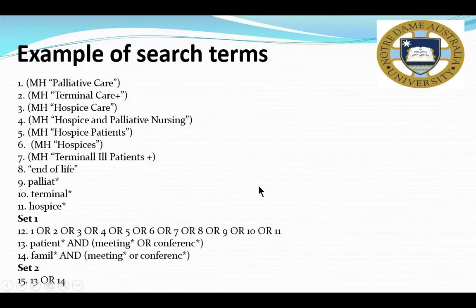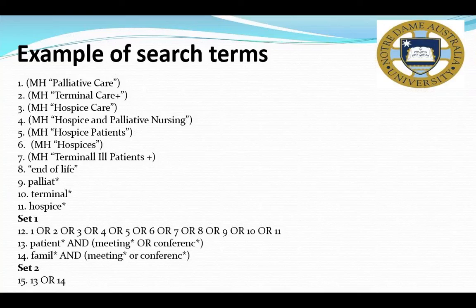So here's an example of my search terms. You can see the top seven search terms, and I've got a typo there, terminal, are MeSH terms, and then I looked at other keywords. So end of life, palliative, because that could be palliative or palliation, terminal could be terminally, and hospice could be plural.